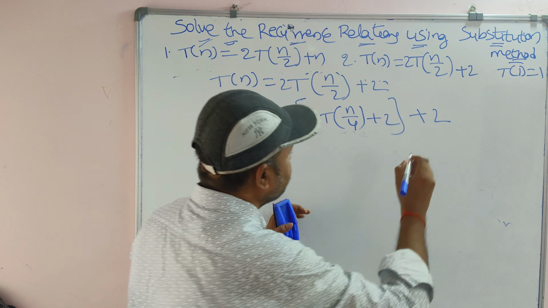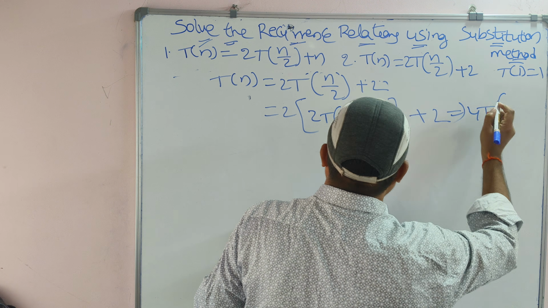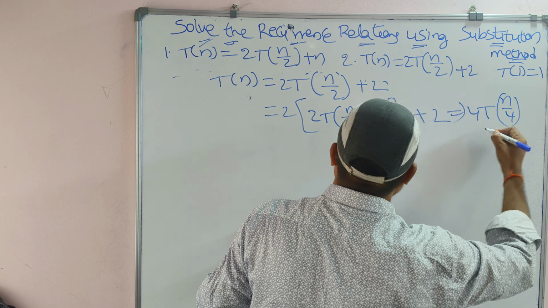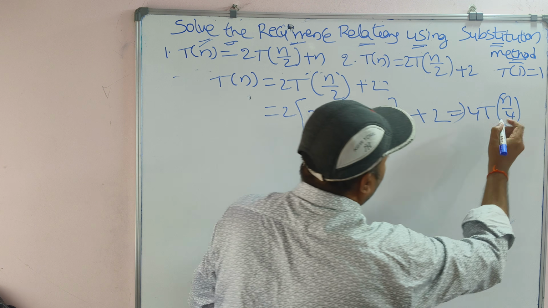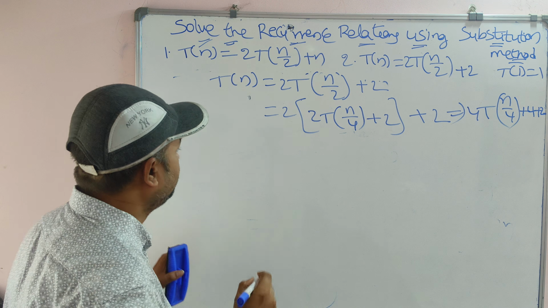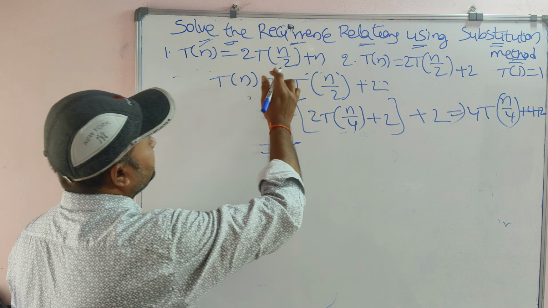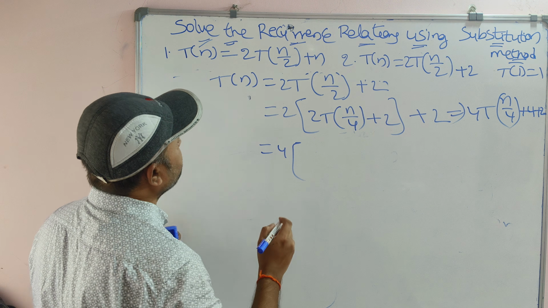So we can write this as 2 into 2 means 4, 4T of n by 4 plus 2 into 2 means 4, so plus 4 plus 2. Next, that is equal to 4 into, what is T of n by 4? In place of this n, substitute n by 4.